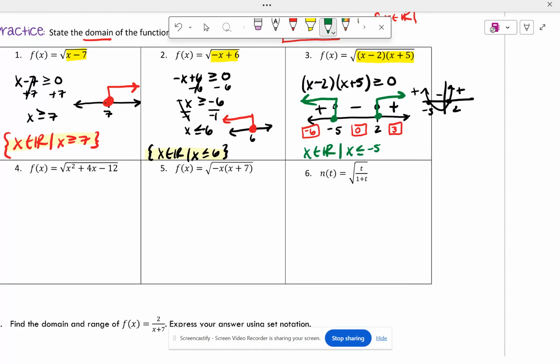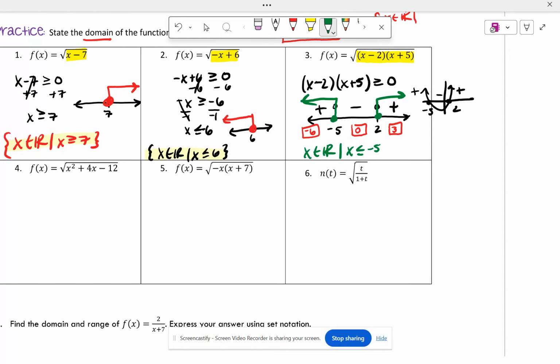These are zeros, and this is an upward facing parabola, so we would have positive, negative, positive. We want where this is greater than or equal to 0, so I would get negative 6, shade down, get 2, shade up. Those would be my solutions.